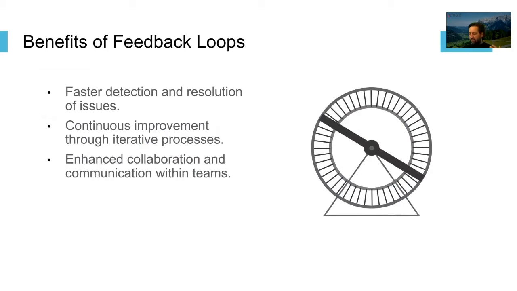In a sense, they are the inverse of what I told you before about the risks of not gathering feedback. If you have feedback loops, you can be quicker at detecting and resolving issues. You can enable your organization, your product, to be continuously improved through iterative processes, and you will be able to enhance collaboration and communication within your teams.